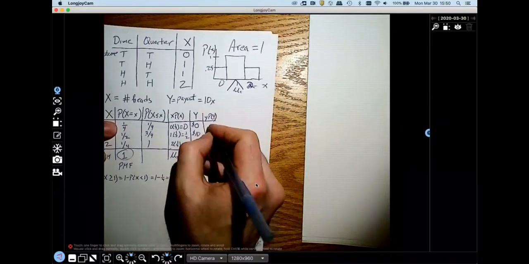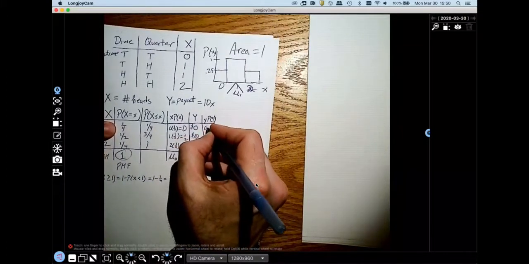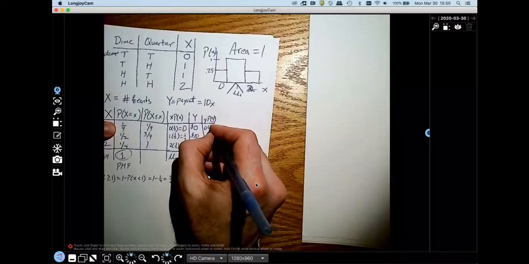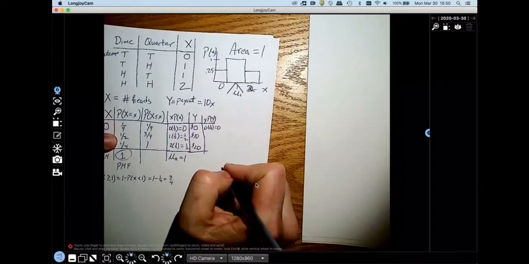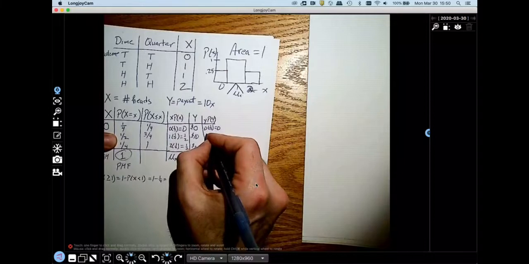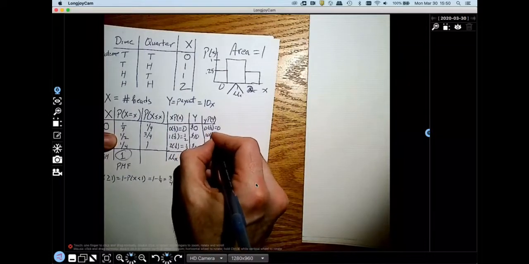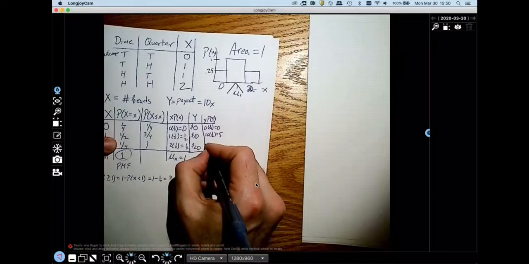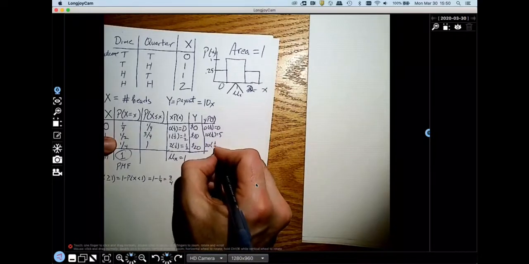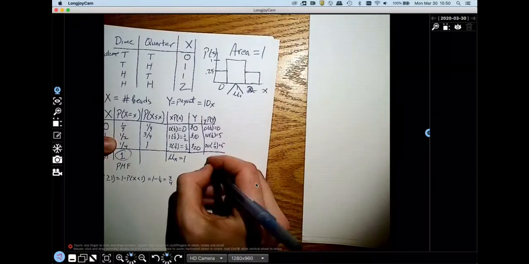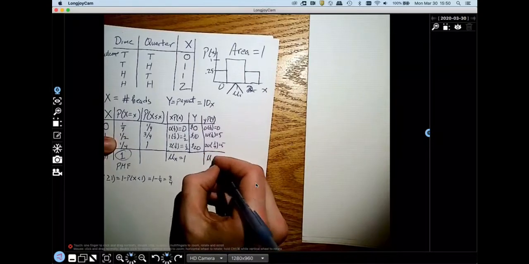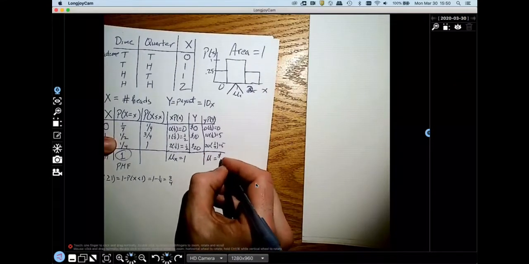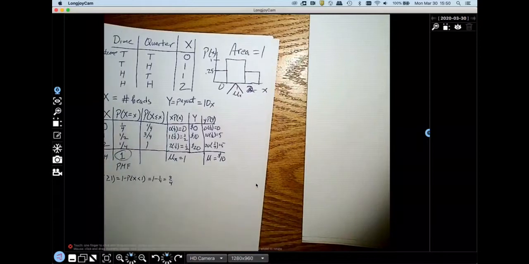This is 0 times 1/4, which is still 0. This is $10 times 1/2, which is $5. And this is $20 times 1/4, which is $5. Therefore, the mean of y is $10. So I expect a payment of $10.